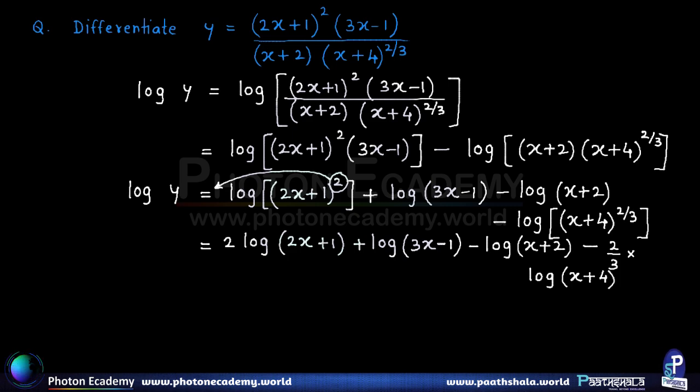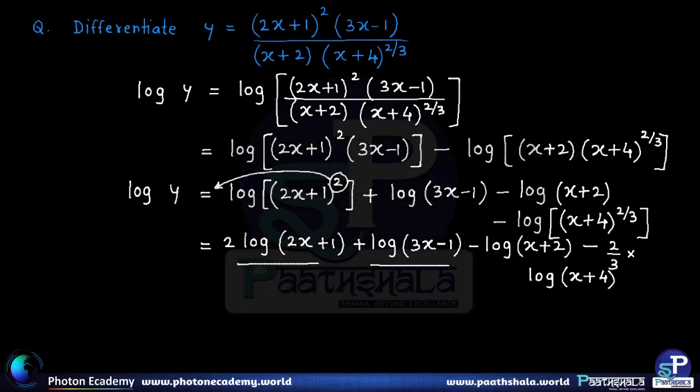So now we have to differentiate because we have taken the log and simplified. Now we have 4 log terms on the right hand side, so it is very easy to differentiate the individual log terms.